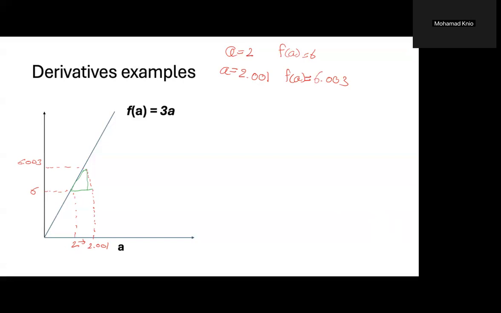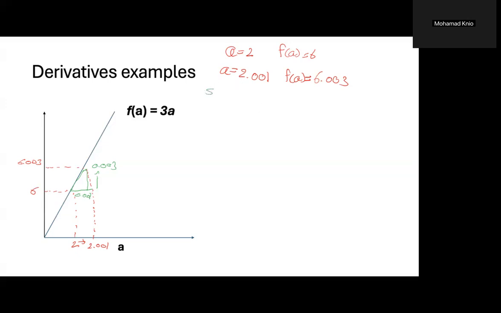You'd see that the nudge of 0.001 to the right of a goes up by 0.003. And the amount that f of a went up is 3 times as big as the amount I nudged a to the right. We are going to say that the slope or the derivative of function f of a, when a is equal to 2, is 3.